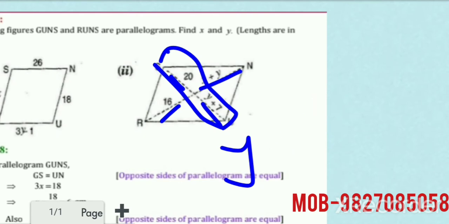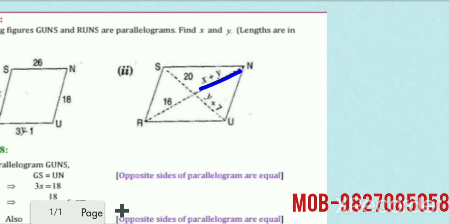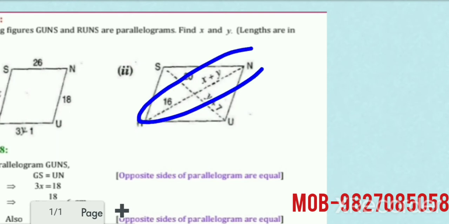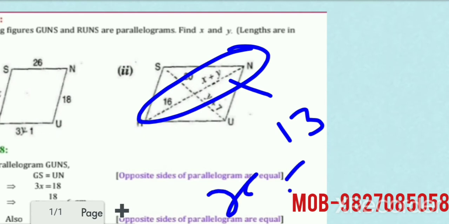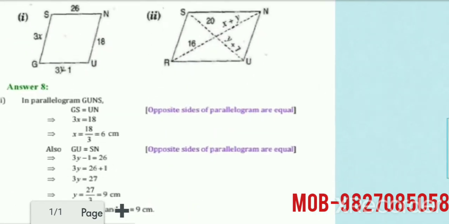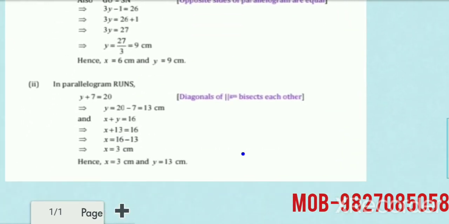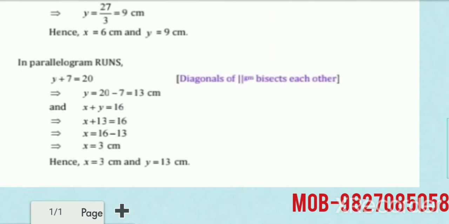Again in the first, x plus y is equal to 16. So we know the value of y is equal to 13. When we subtract from 16, x is equal to 3. Okay, this is the value of x and y. Now the solution is here. You can see.